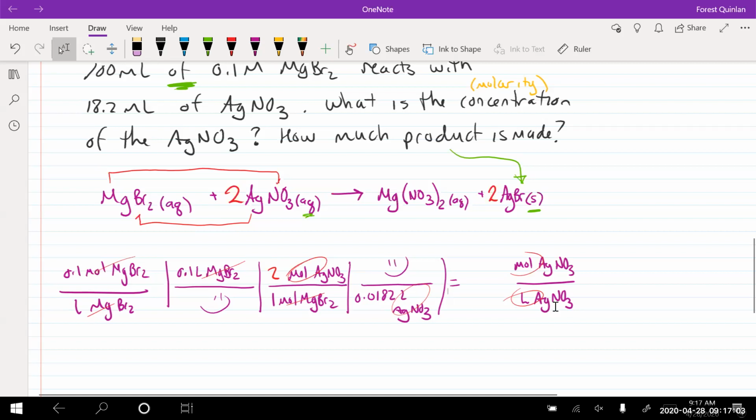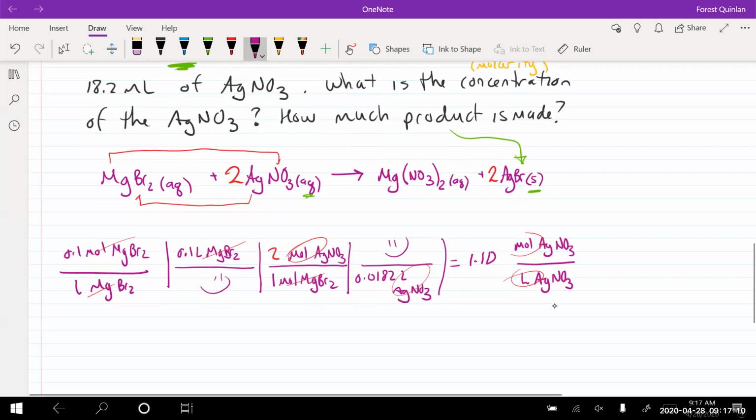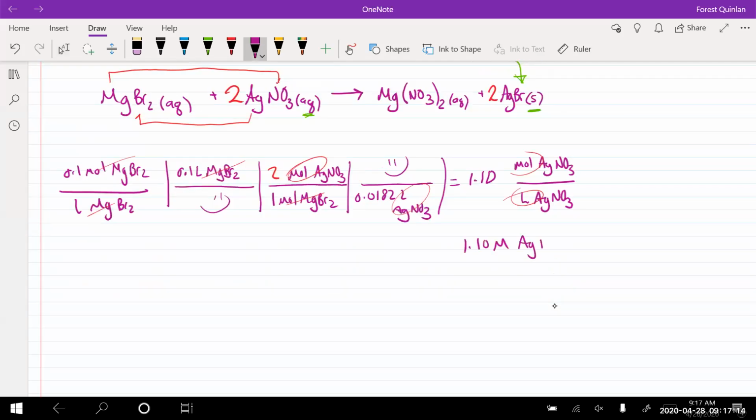If you punch those numbers, you should get 1.10 moles per liter. Or if you wanted to, you could say 1.10 molar AgNO3. Again, okay if you just left it as moles over liters. They're the same, it's just the big M for molarity is cleaner.